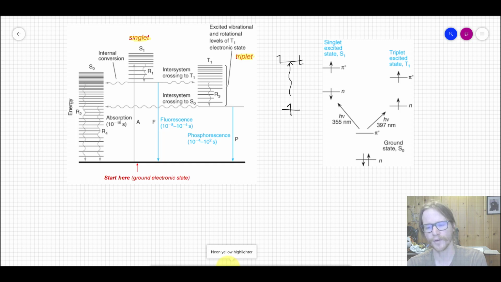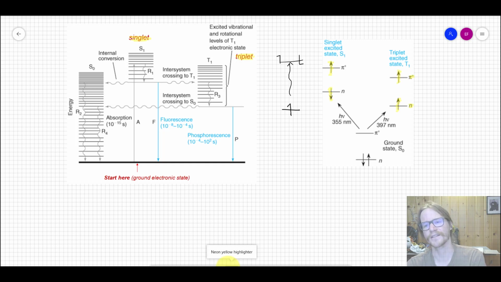What you end up with is either a state where you have spins opposed, which is normal, and we call that the singlet state, or you have a spin parallel system, where in the original n to pi star transition we have a spin up, and in the top we also have a spin up.